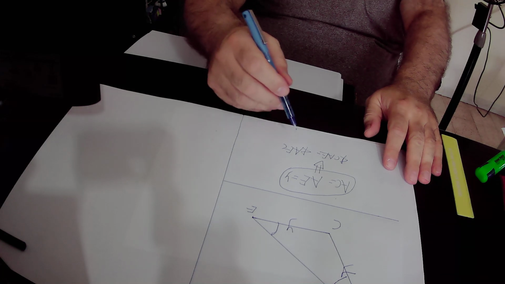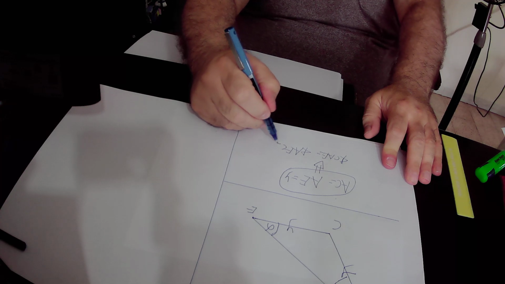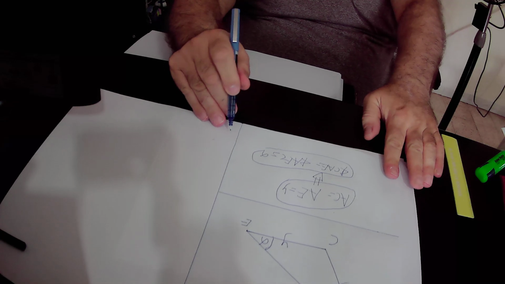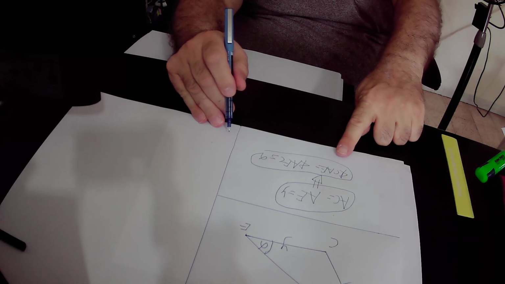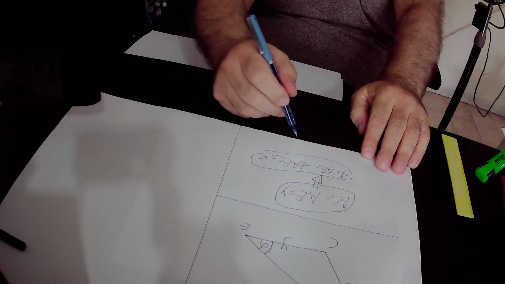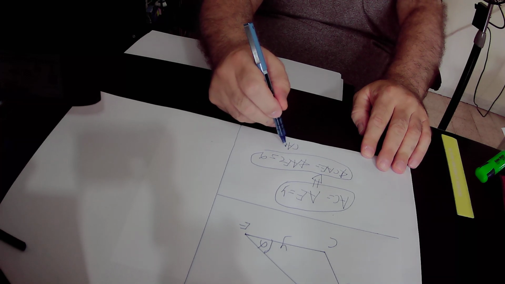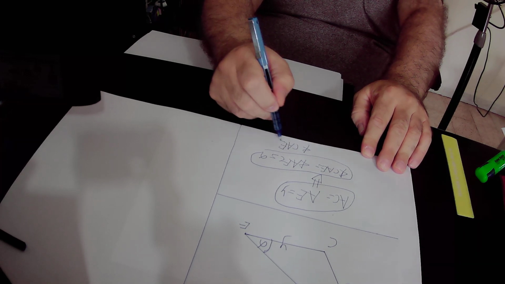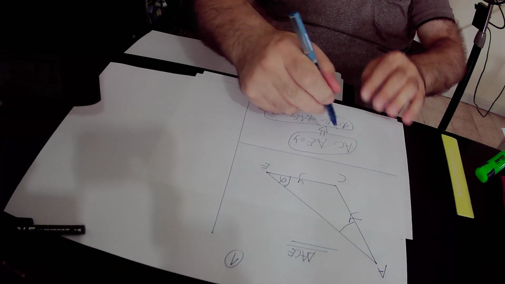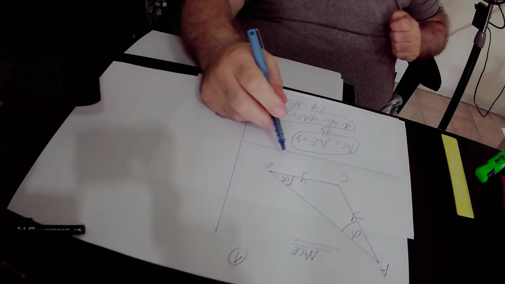So if we define angle AEC as alpha, here angle AEC equals to alpha, then from this equation, angle CAE equals to angle AEC equals to alpha, we will derive that angle CAE is also equal to alpha. This angle CAE equals to alpha. Okay, so those two angles are equal to each other.